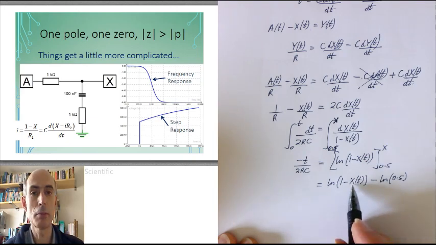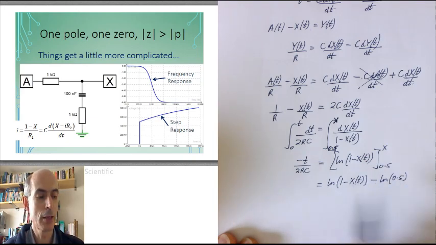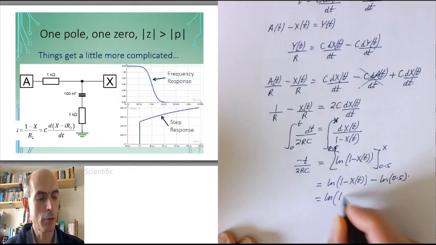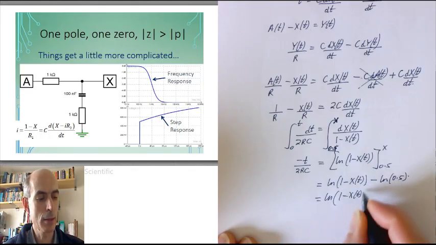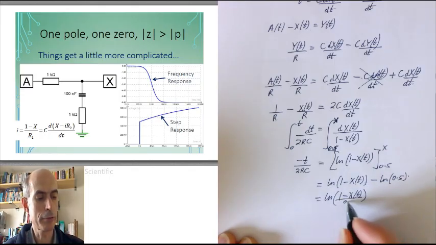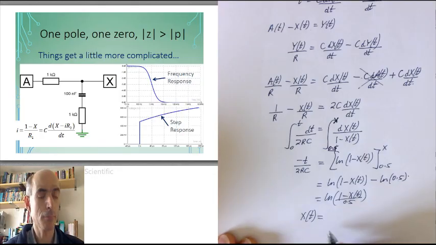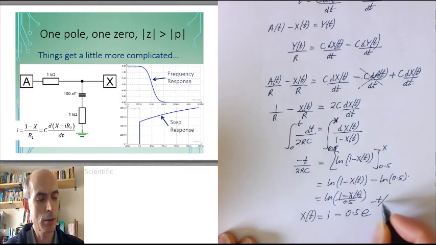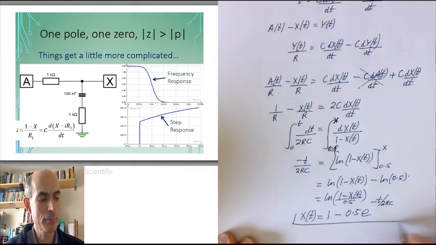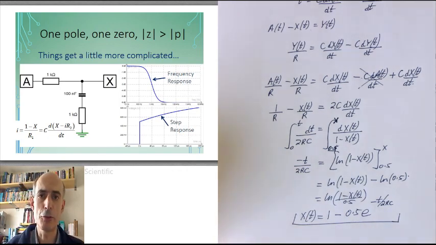The log of something minus the log of something else is the log of this divided by this, so I could just write this as the log of 1 minus x of t over a half. Take the antilog of both sides and rearrange, and I'd get x of t equals 1 minus a half of e to the power of minus t over 2RC. And that's my step response.